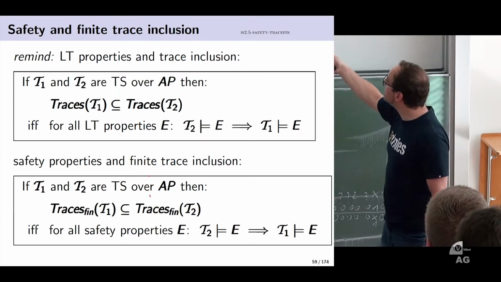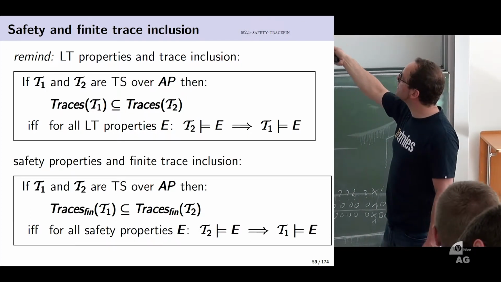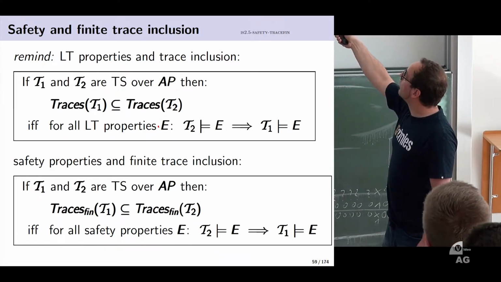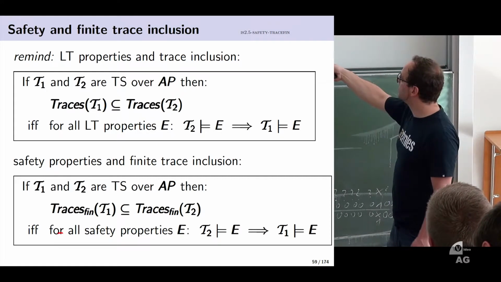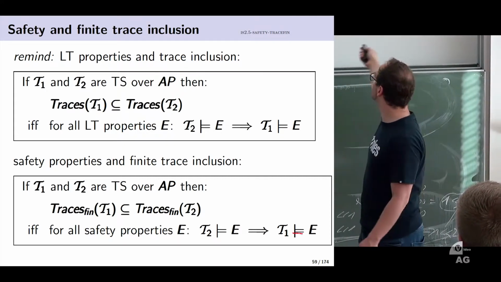So it's very similar. Here you have infinite trace inclusion, here finite trace inclusion; here you have a statement for all LT properties, and here for all safety properties, so for a subset of the linear time properties.